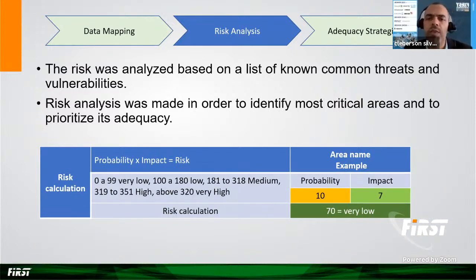As a result, probability versus impact gave us the understanding to order and classify the most critical areas and the most critical systems to prioritize their adequacy.